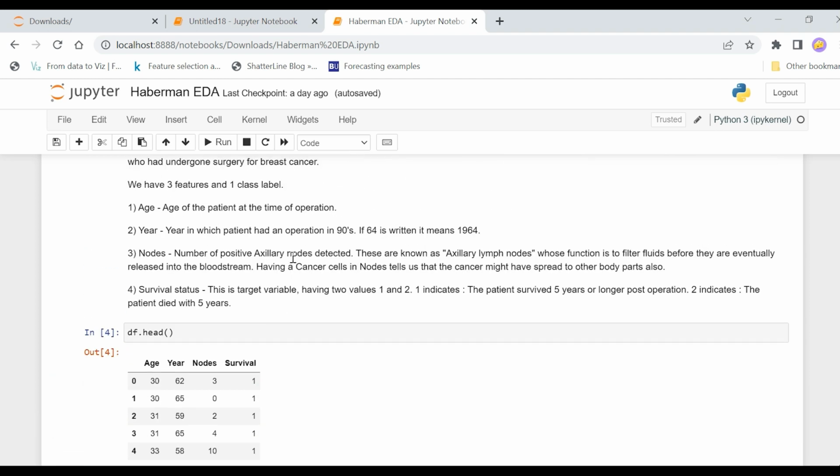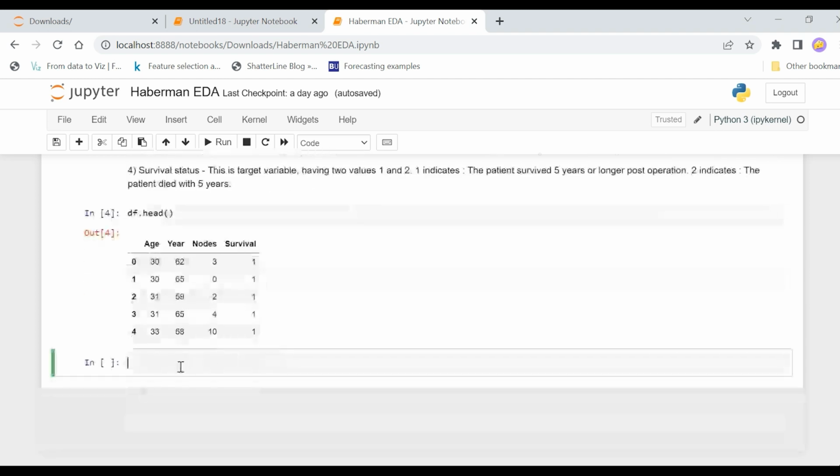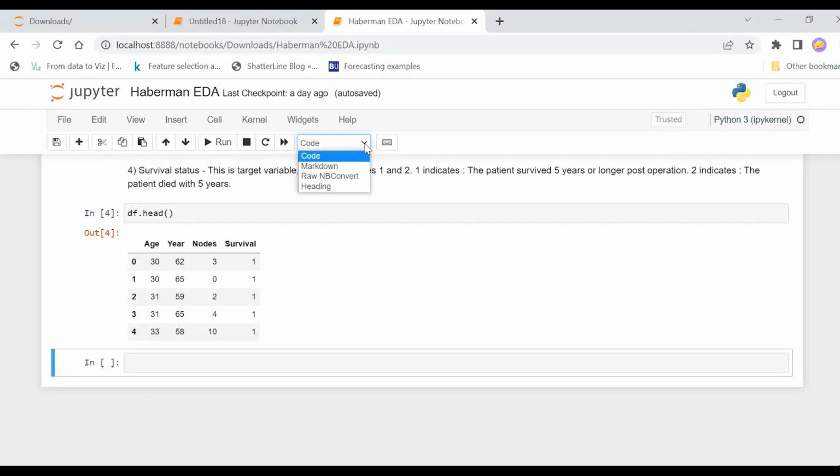So first of all, you have to know the agenda. What is the agenda here? The agenda is not to make any random insights.